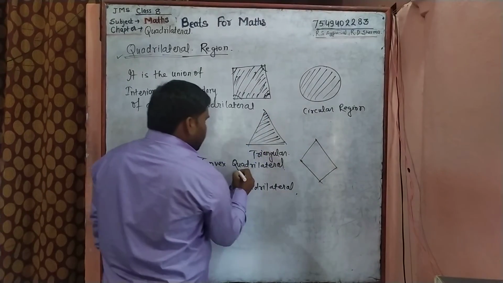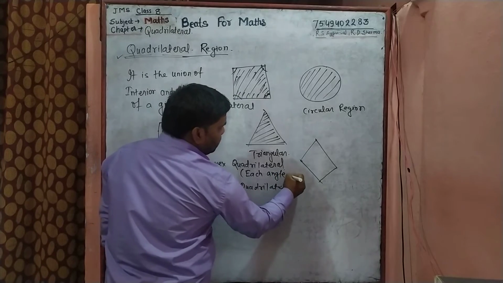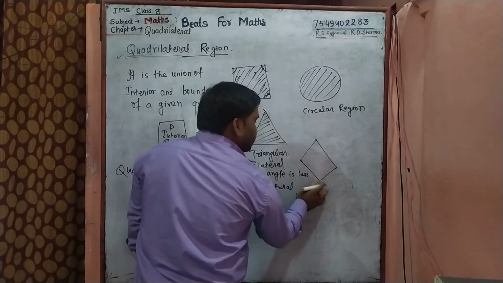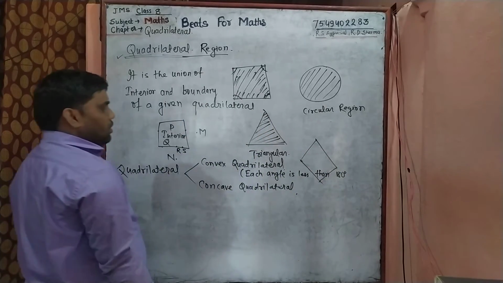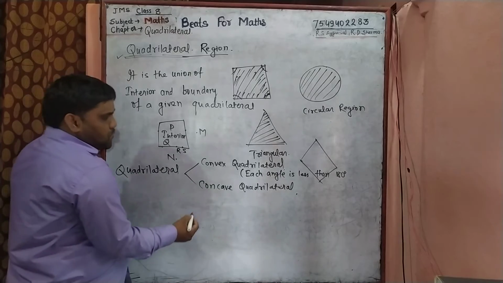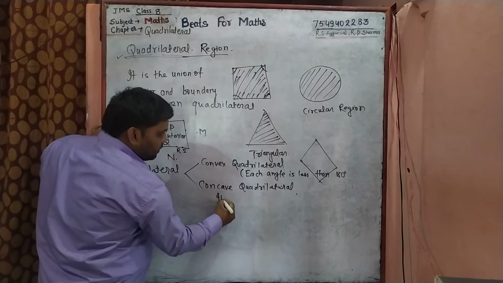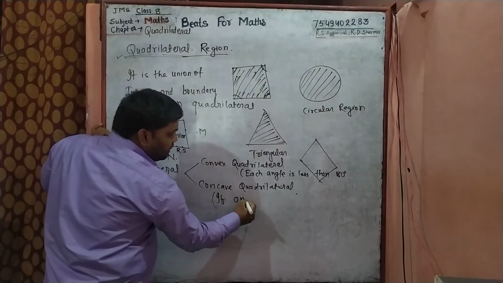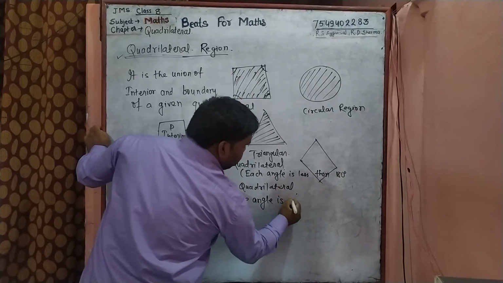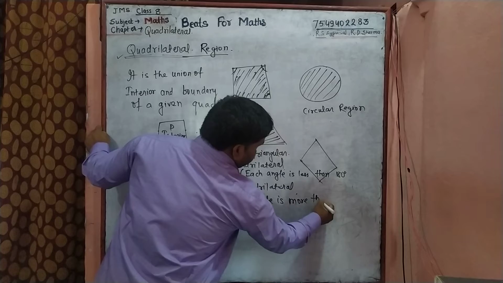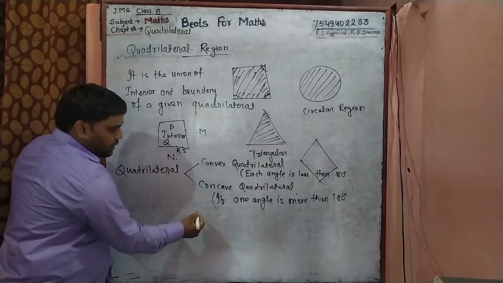Means each angle is less than 180 degrees. And a concave quadrilateral will be called so if at one angle is more than 180 degrees, like this figure.